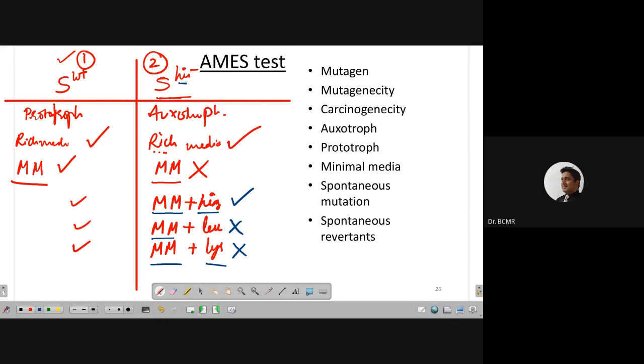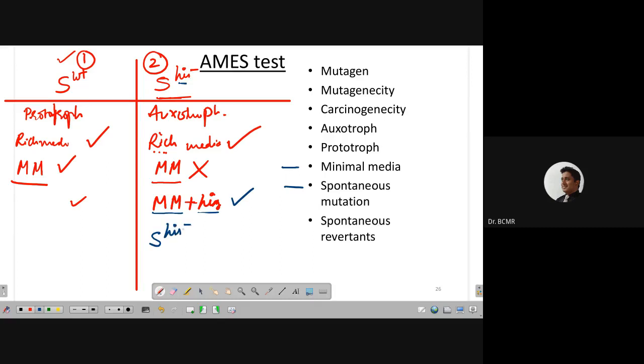I hope I gave you some basic idea at least of the base for bacterial genetics. What is minimal medium? What is spontaneous mutation? I'll do something else now. Here, say some mutation has happened.